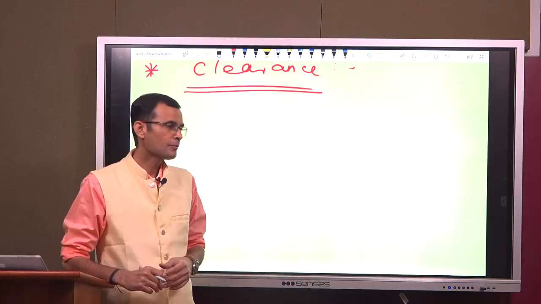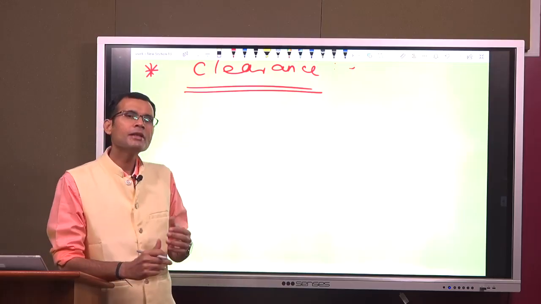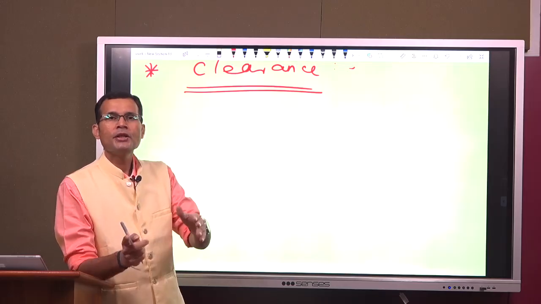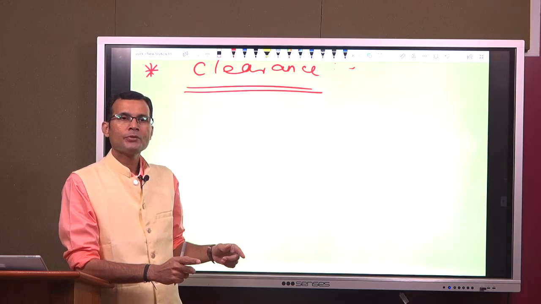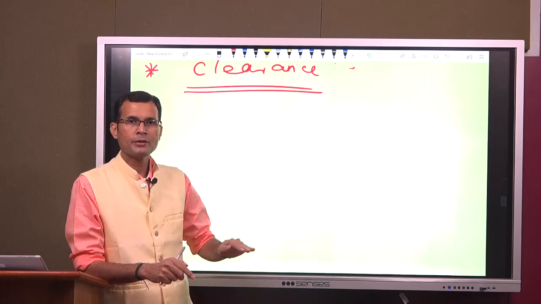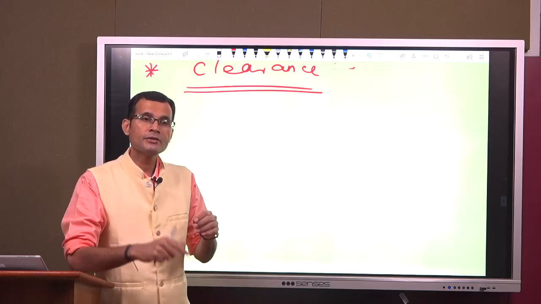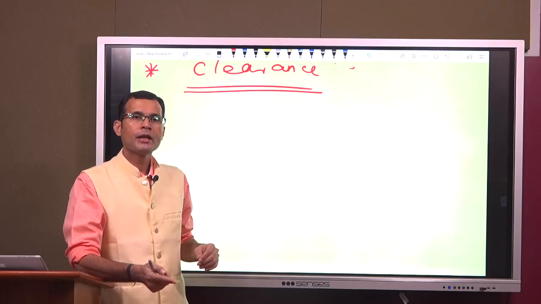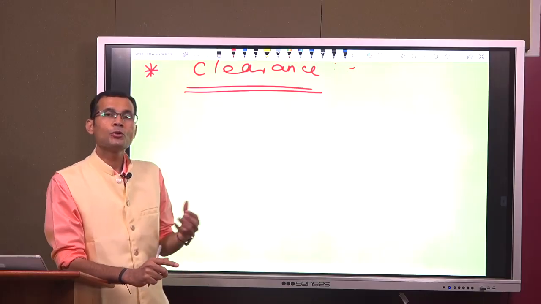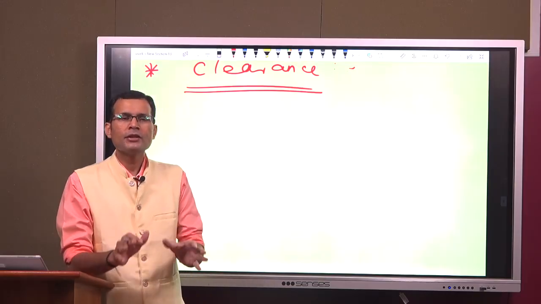That's the definition. Now, what does it mean really? It means a kidney will take 1 liter plasma and completely remove that particular substance from it. Then it takes the next 1 liter of plasma and completely removes the substance from it. So, that is the definition.